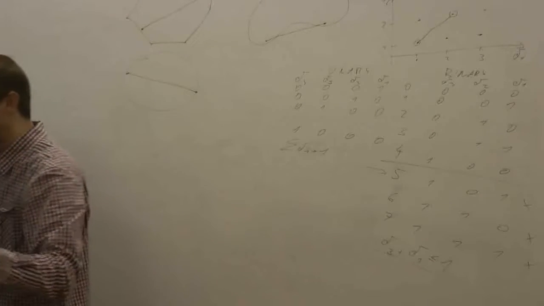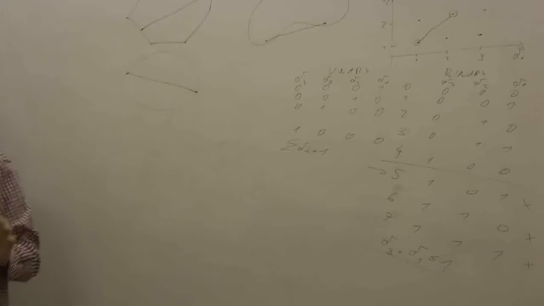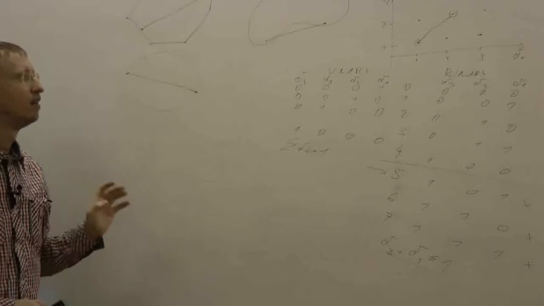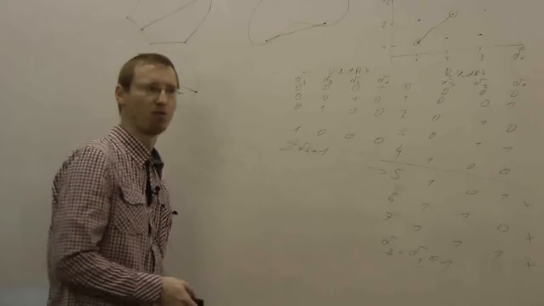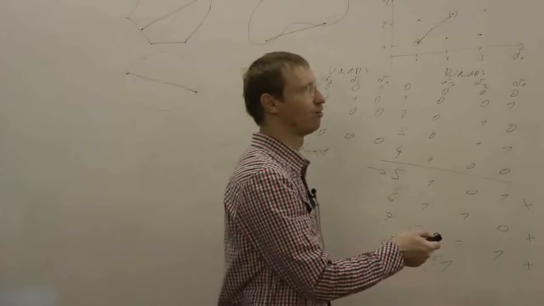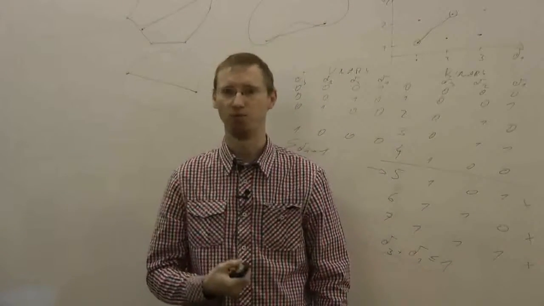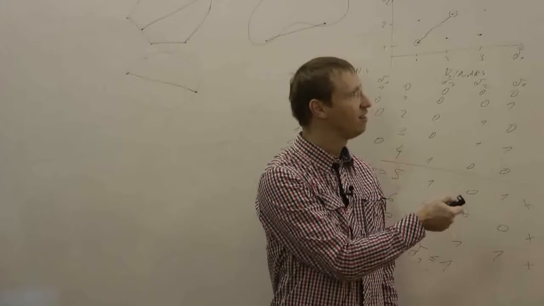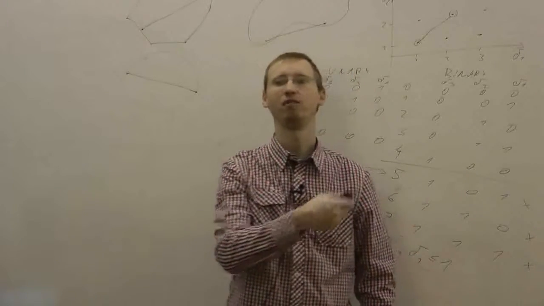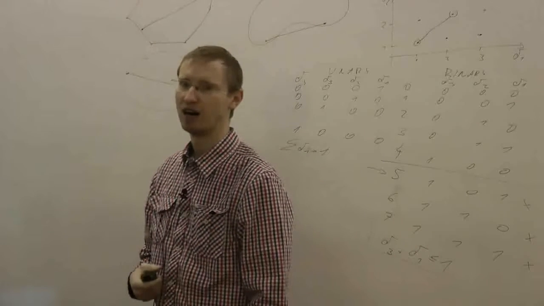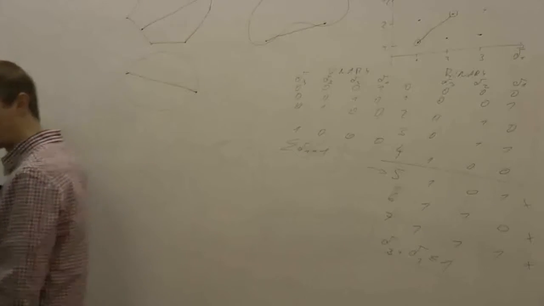So the main message is that the complexity of this optimization problem depends on the number of binary variables, but that's not the whole story. The precise answer would be the complexity depends mainly on the number of feasible combinations of these binary variables. Okay?